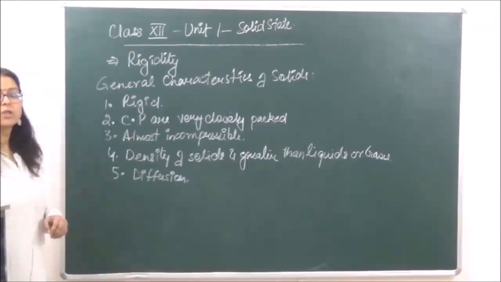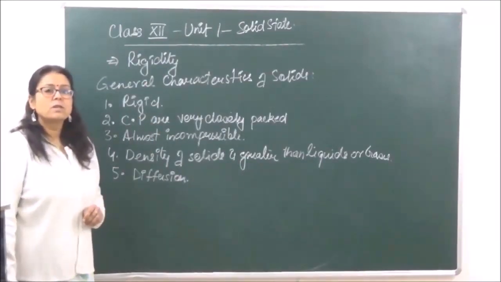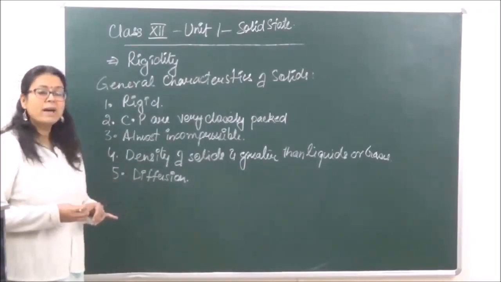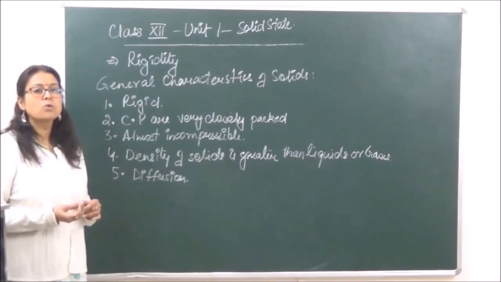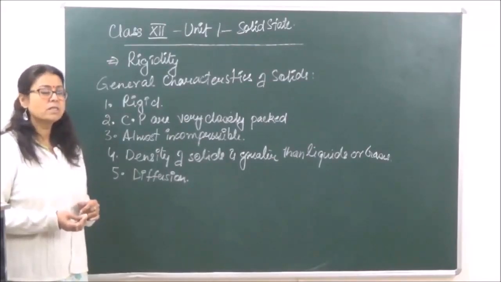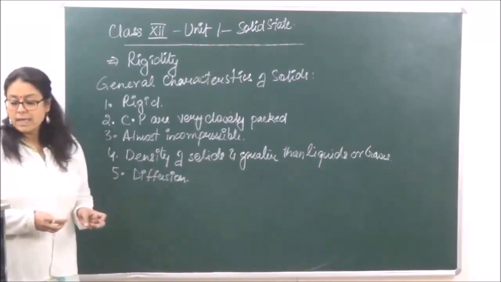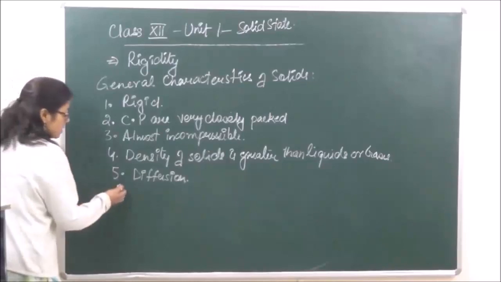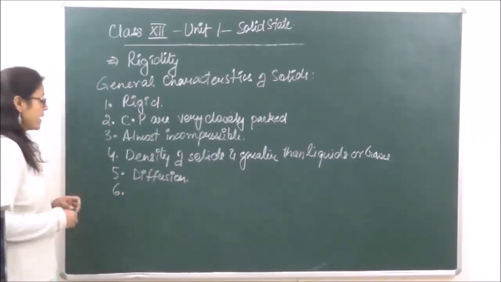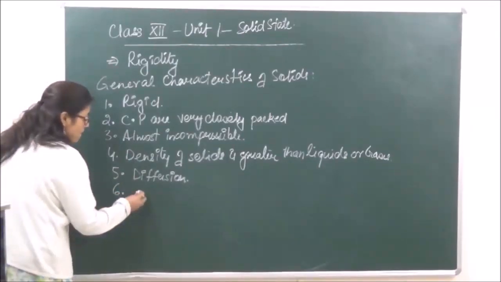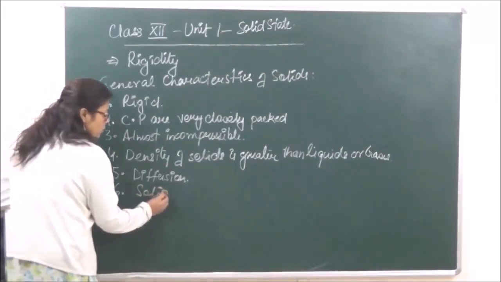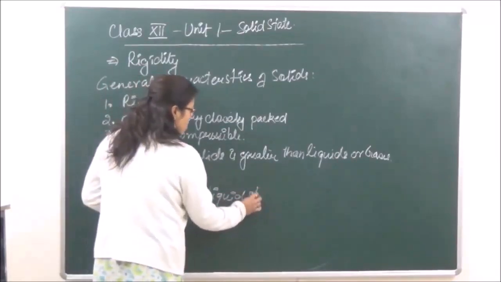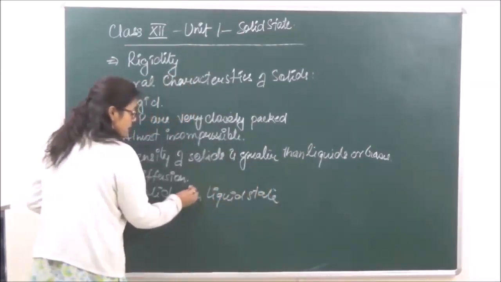So they do not have the property of diffusion. What do we understand by diffusion? Diffusion means intermixing with one another. Obviously, if there is no intermolecular space between the solids, diffusion cannot take place. And you can say they can change from solid to liquid state by heating.